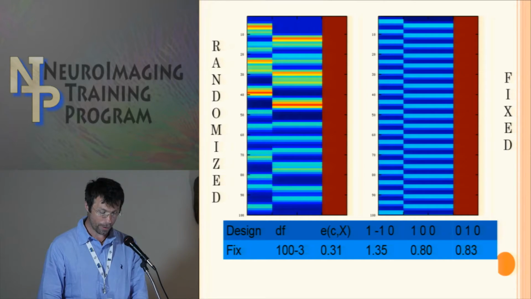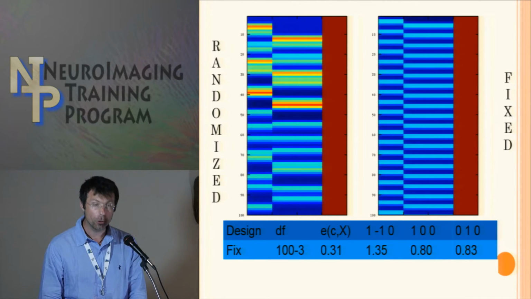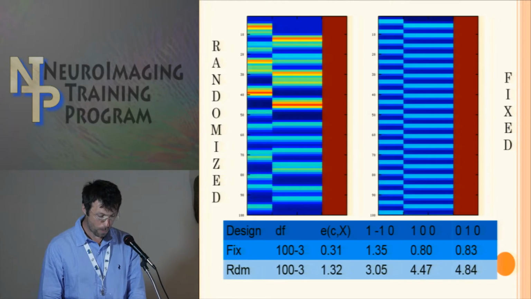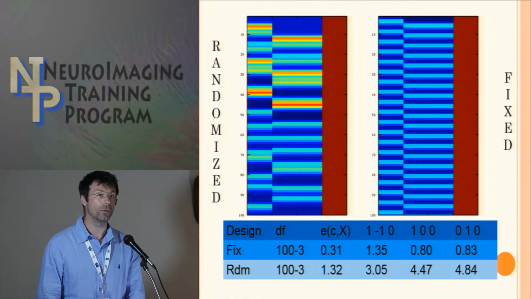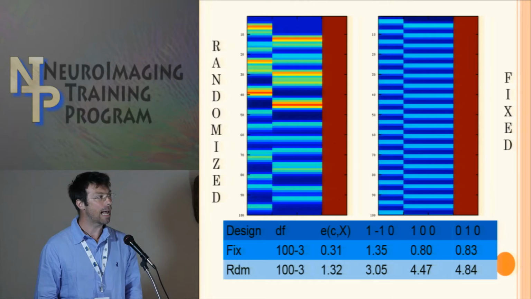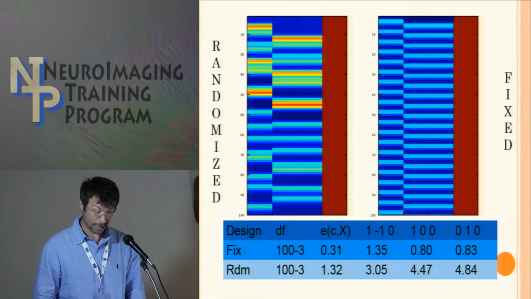Great. Is that a good efficiency? Well, it's not a quantitative number, it's a relative number. So you can only tell compared to a different experimental design. By the way, you can also look at individual contrasts. So my 1 minus 1 contrast has an efficiency of 1.35, and my versus baseline contrasts have these 2 efficiencies.